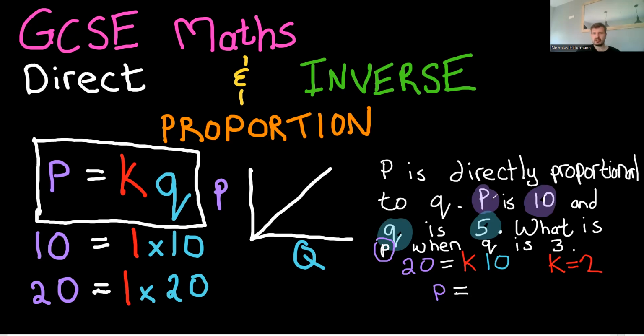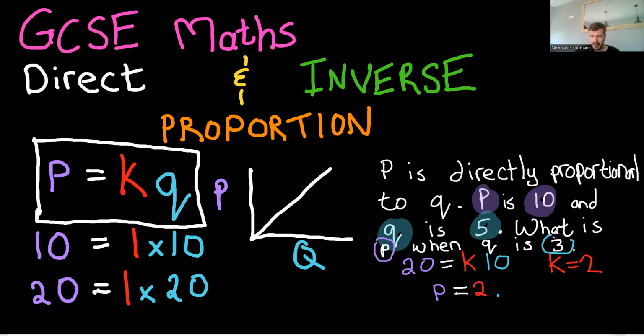So the first part of the question is always working out what K is. And so we plug in K and then we plug in Q, which is 3, because they told us Q is 3.